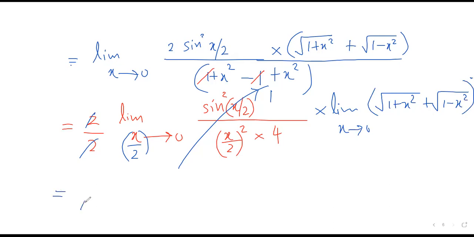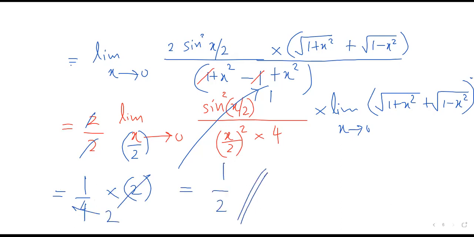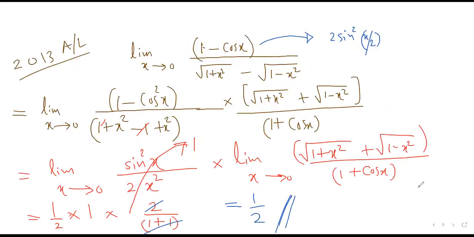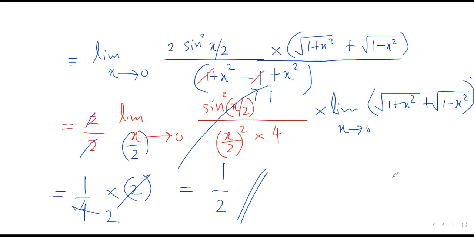This 4 is here into, now when x is 0, root 1 is 1, 1 plus 1 is 2. Then these two also cancel. You get the answer as half. Both ways are okay. If you want to do it this way, do it, or take a screenshot or something.